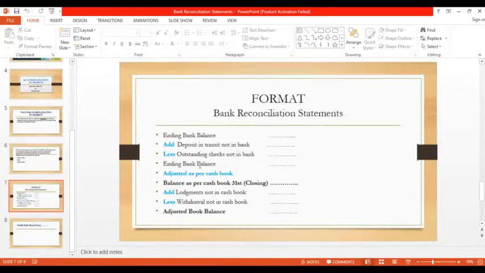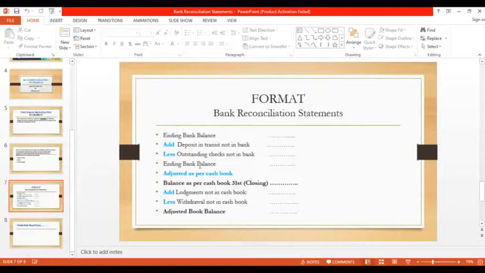So this is the format which we are still going to use for the practical very soon. Ending bank balance. Add all deposits in transit, that is, not in the bank. Less outstanding checks not in the bank. Then from there, you have the ending bank balance. Then the adjusted cash book as well. You're going to do the adjusted cash book, whereby you add all lodgements not in the cash book, and then deduct withdrawals not in the cash book.